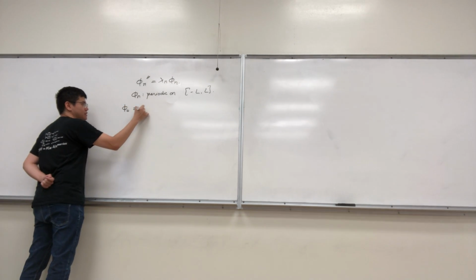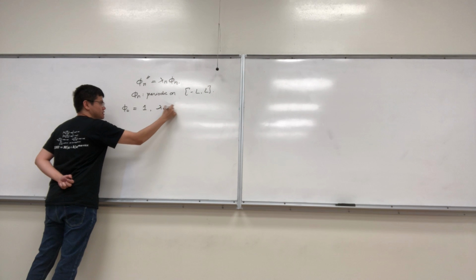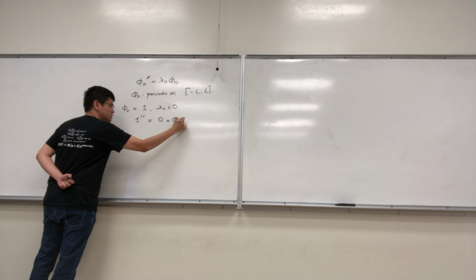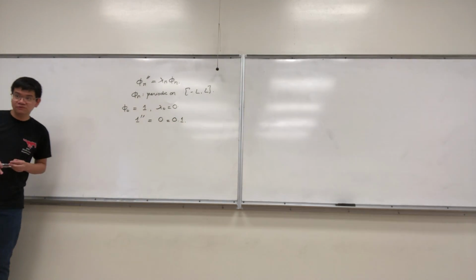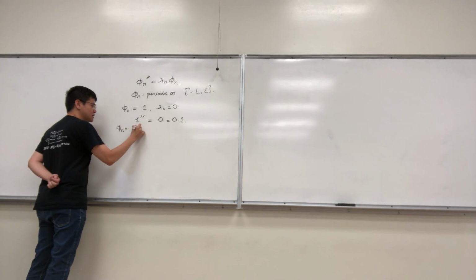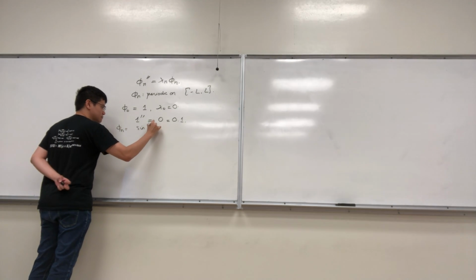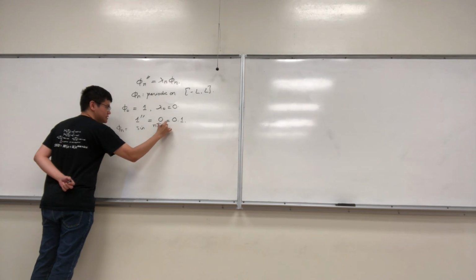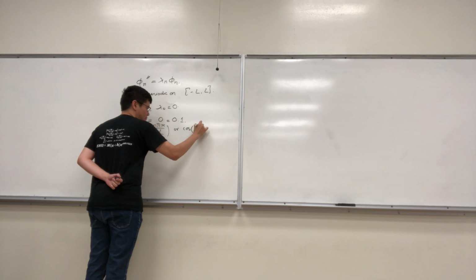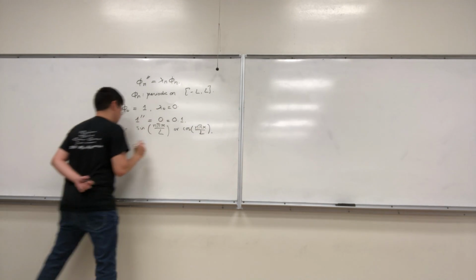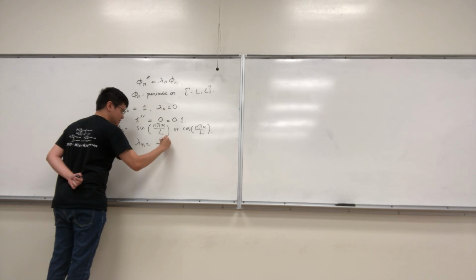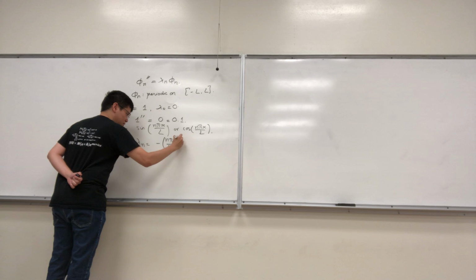So phi 0 will be 1 and lambda 0 will be 0, because the second derivative of 1 is 0. And then we also discussed that, okay, if phi n is sine of n pi x over L or cosine of n pi x over L, then lambda n is minus (n pi over L) squared, right?